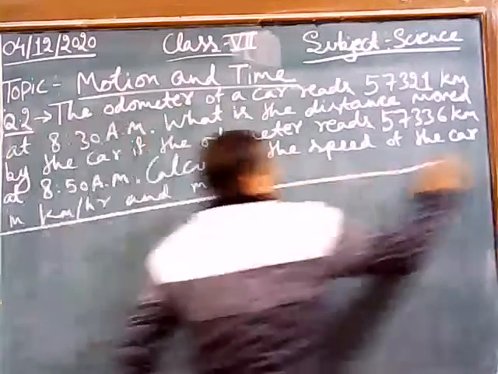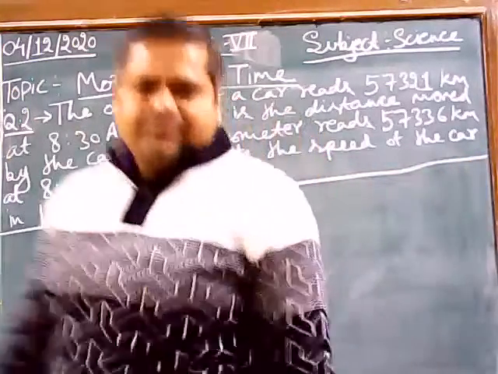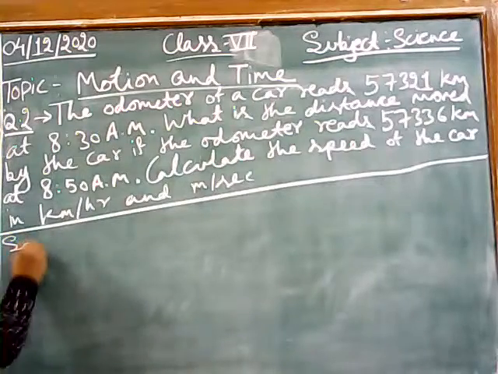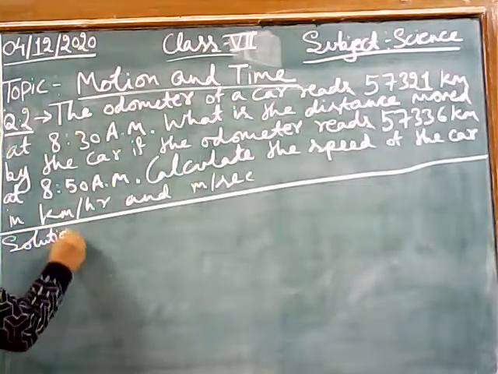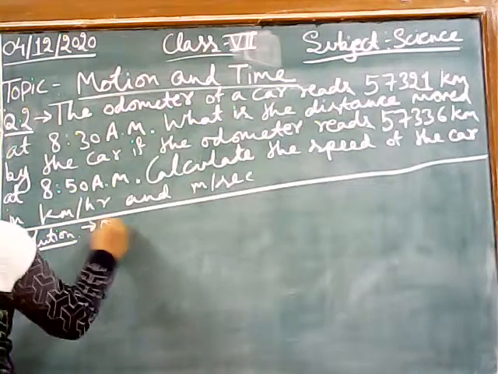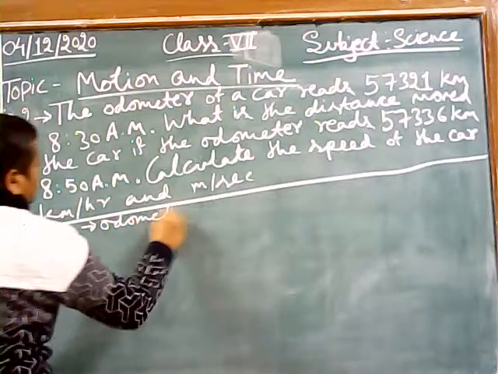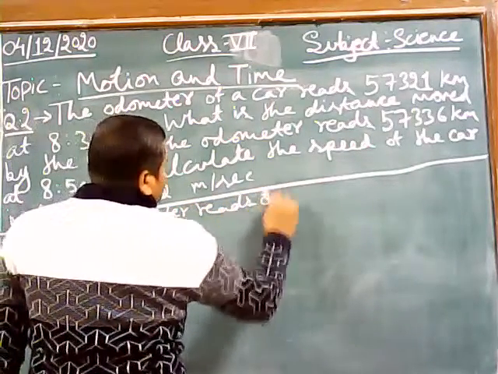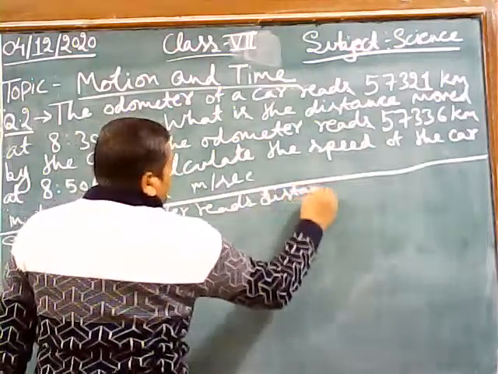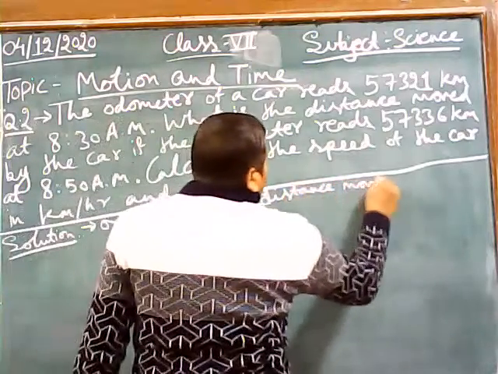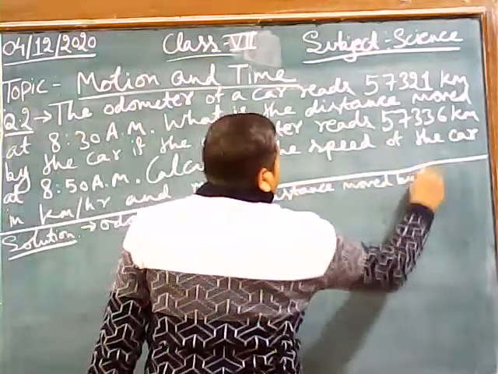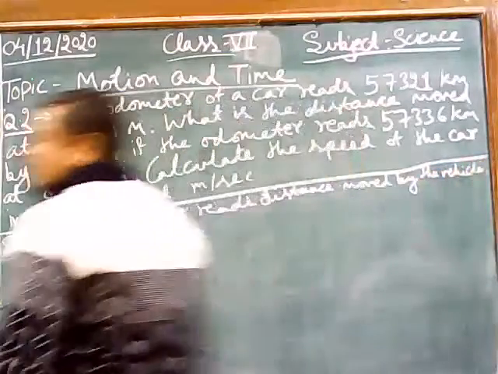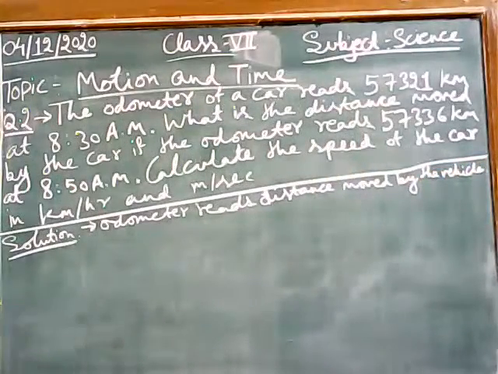So we will solve this question. Okay, solution. See, odometer is distance moved by the vehicle. Okay, children.